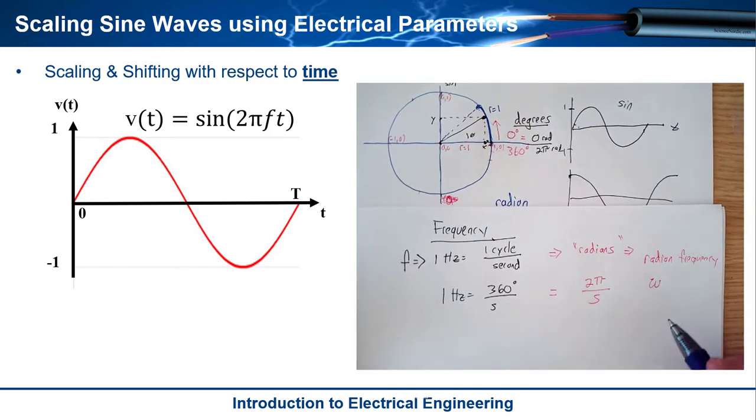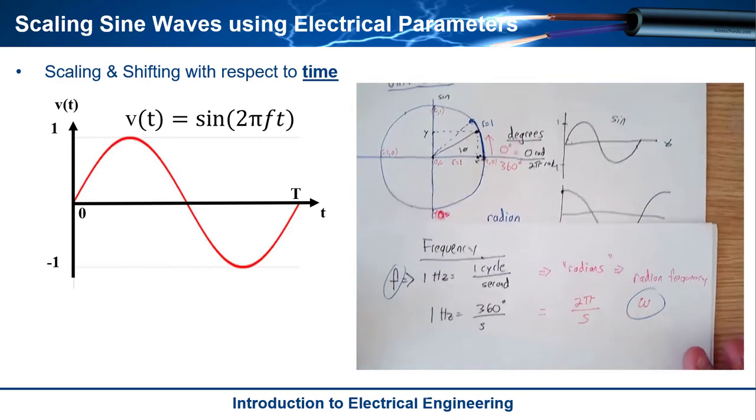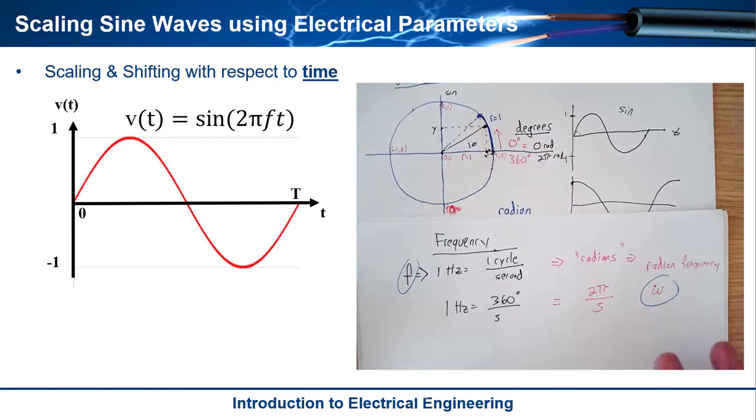Okay. And so now the question is, I got that and I got that. How do we relate these two? Because I'd like to be able to convert between them. So it turns out like this. If you just wrote what omega is, the angular radian frequency, also called the angular frequency because it's going around a circle.